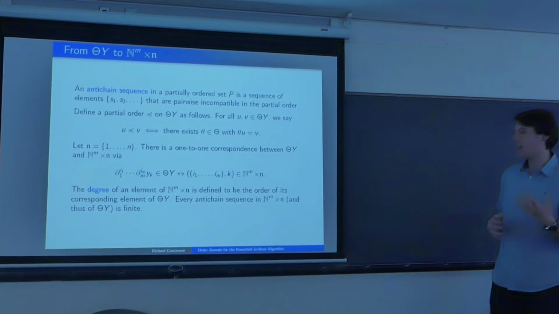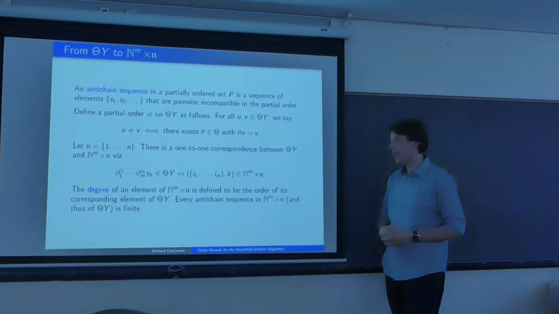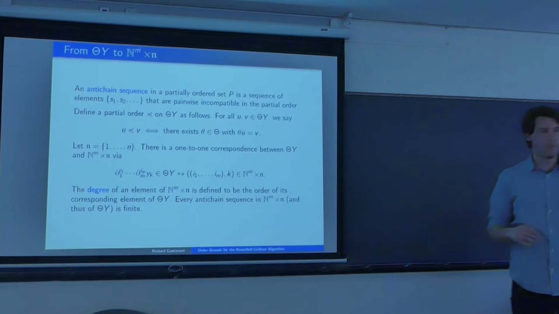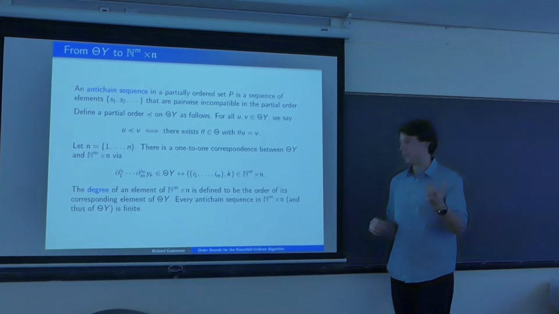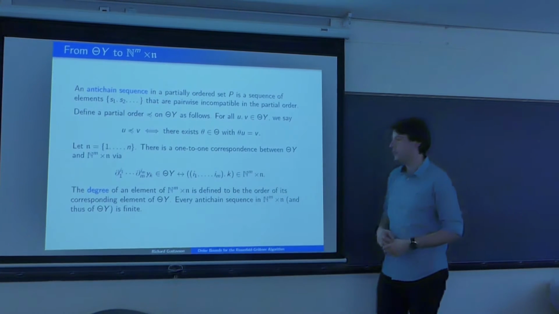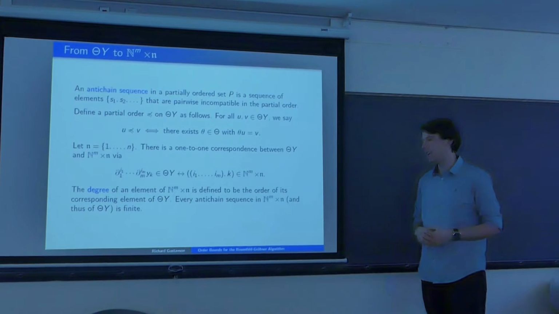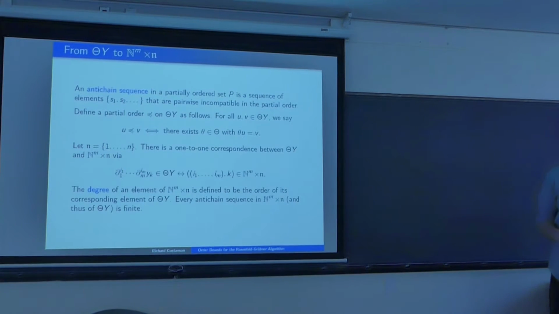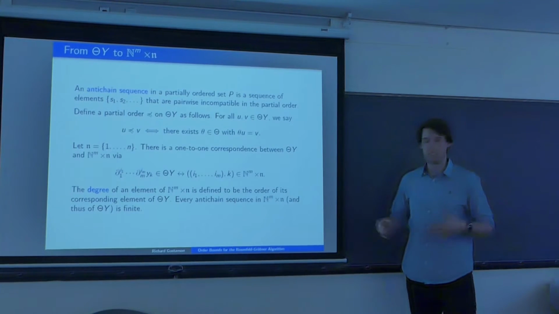There is then a one-to-one correspondence between theta u and the set N^m cross n, by pulling out the orders of each individual derivation and the index of your indeterminate. We say the degree of an element of N^m cross n is the order of the corresponding element of theta y, and it turns out that every anti-chain sequence of N^m cross n is finite. Thus, every anti-chain sequence of theta y is finite.